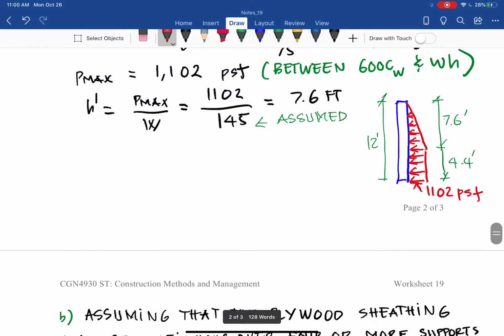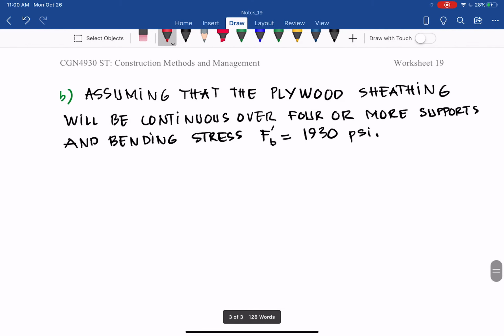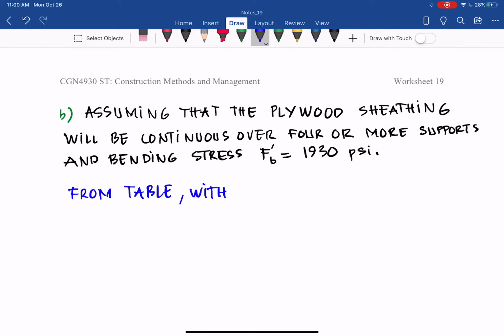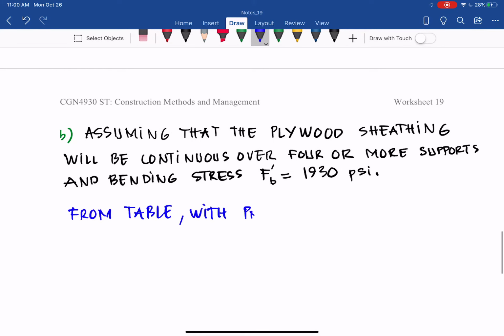So that's what we need to use. So that one we can say from the table, with concrete pressure Pmax equal to 1102 pound per square foot.